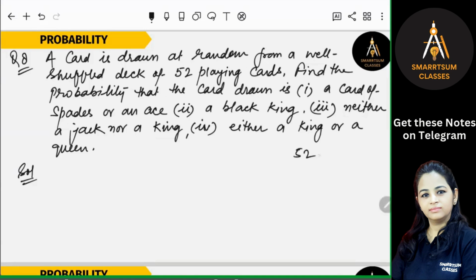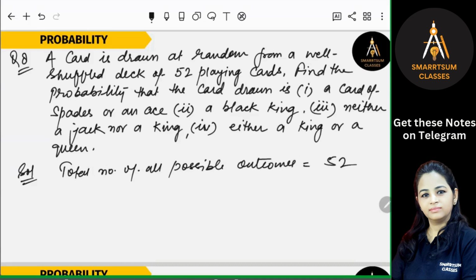Since there are 52 cards, the probability of getting any one outcome is 1 by 52, and all of them have the same probability to happen. Now, what are the total possible outcomes here? Since there are 52 cards, the total number of all possible outcomes will be 52 only.